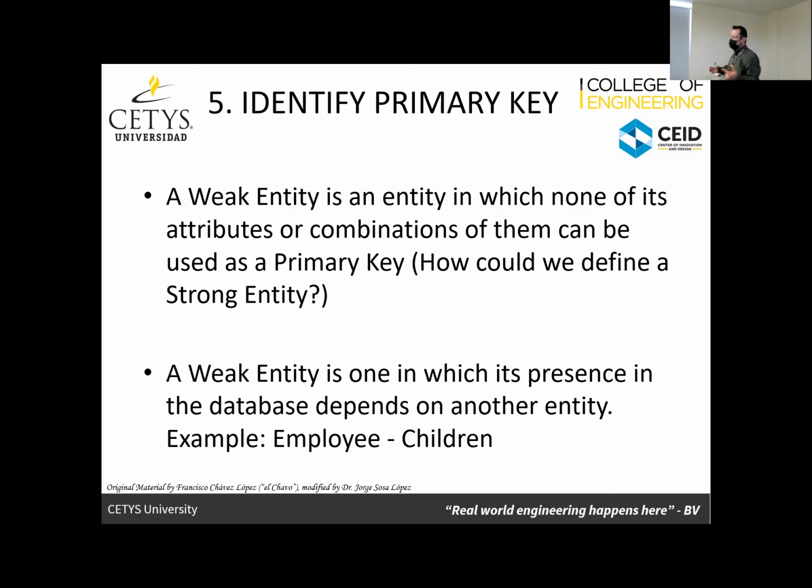And so they're associated to me here at CETIS, but they don't necessarily have IDs or identifiers. They're associated through me, but there isn't an employee number for Sarah and an employee number for JD. Okay. The children entity is a weak entity. By itself, it doesn't have attributes that can be primary keys. They have to be related through another entity.